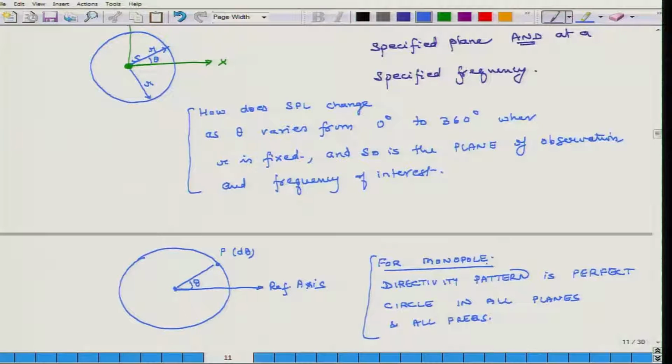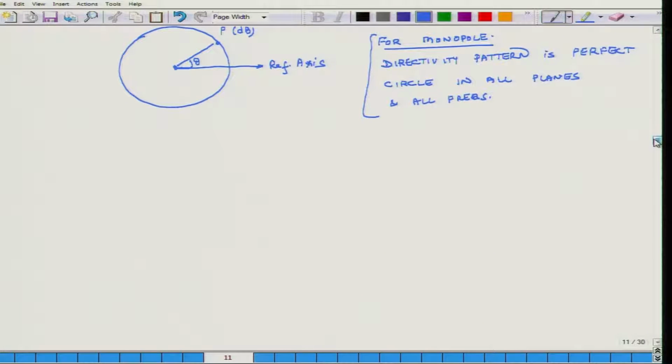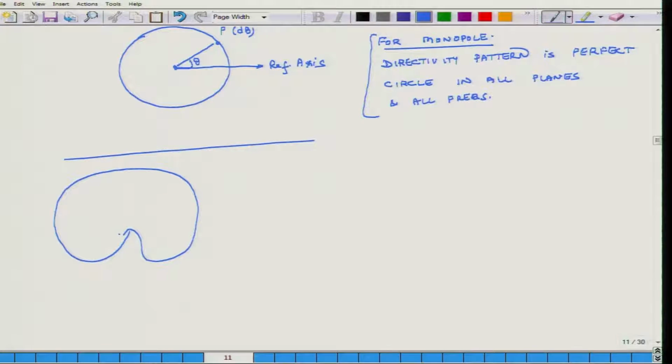That is what we have for a monopole, but there could be other situations where you may have a directivity pattern something like this, or something like this. What does this kind of directivity pattern tell us?